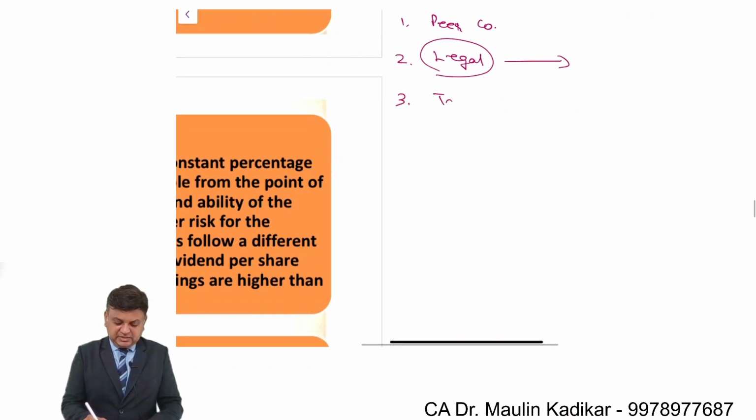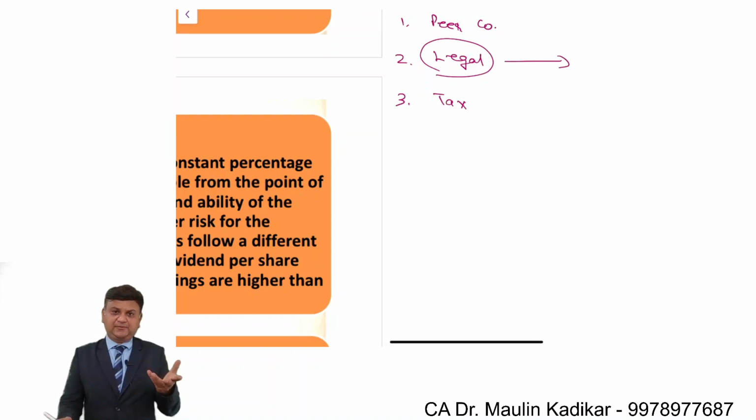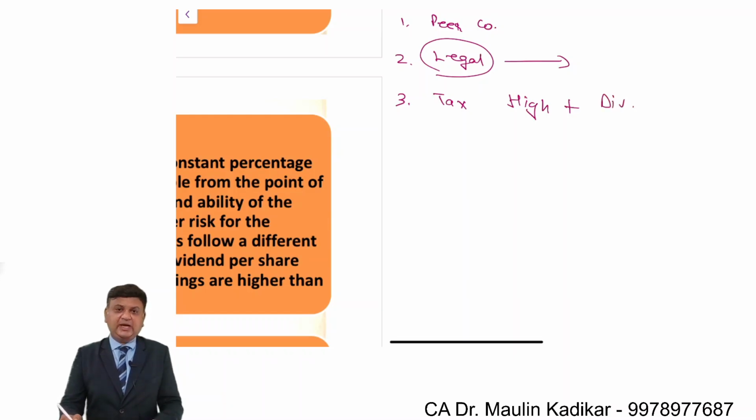Third, the tax status of your investor. Let us take a situation like this. Of the investors that you have, the majority are falling in a high tax bracket. Further, dividend income is taxable in the hands of the investor. Further, capital gain is exempt. Suppose the situation is like this, then in that case you should pay a lesser amount of dividend.